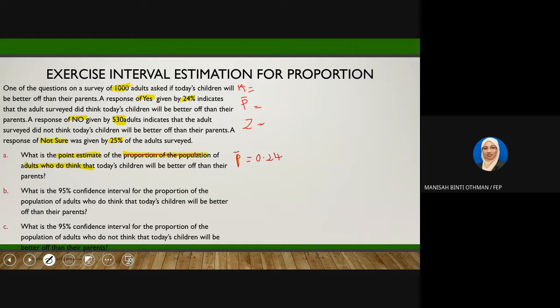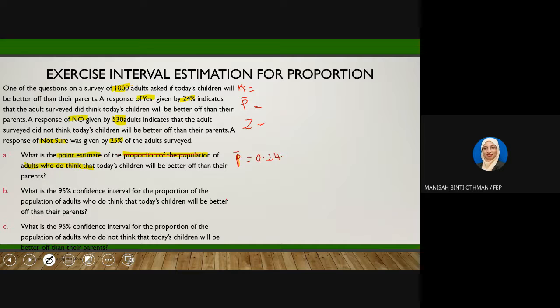Very simple. What is the 95% confidence interval for the proportion of the population of adults who think today's children will be better? This is for yes, and you already have the proportion for yes. And C asks: what is the 95% confidence interval for the proportion of adults who do not think that today's children will be better off than their parents?